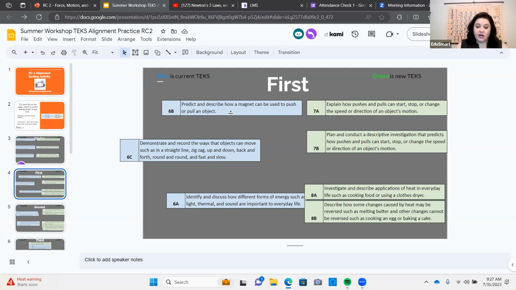There are some really great things about what has changed, and I think a lot of it has to do with the alignment, as we're building a much better foundation in early elementary, so that by the time they get up to 6th grade, which is now where we start really applying Newton's laws, they should have a much better foundation.